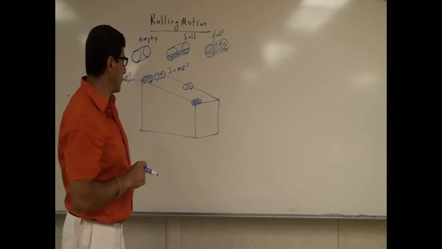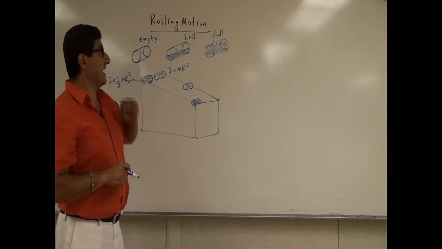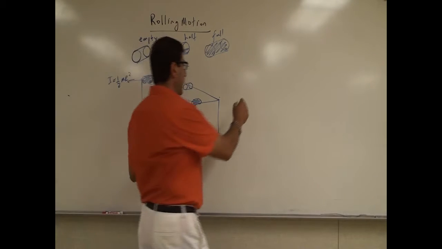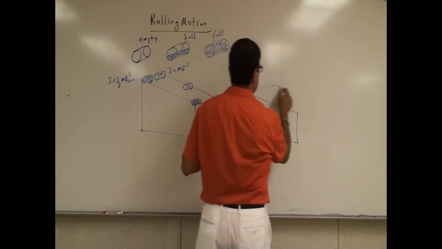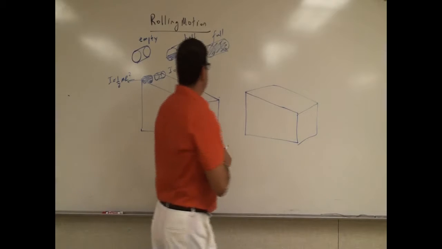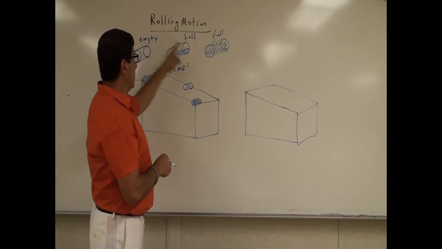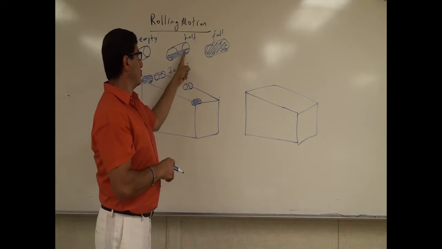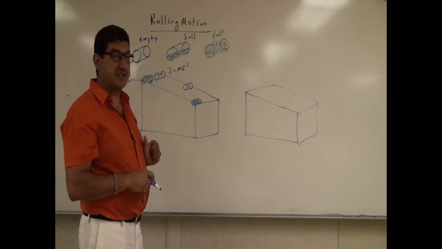When we run the experiment, I'll then race the full one with the one that's half empty, so let's make a hypothesis. Some might say because the full beat the empty, the full is probably going to beat the half. But that one is not as easy as that.